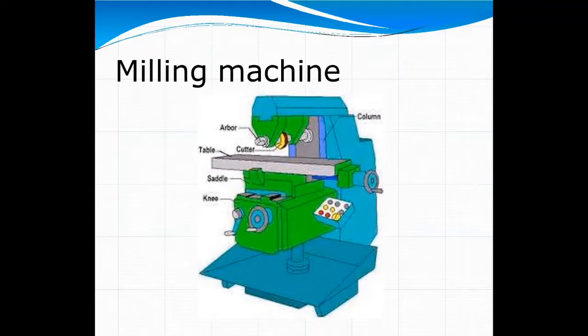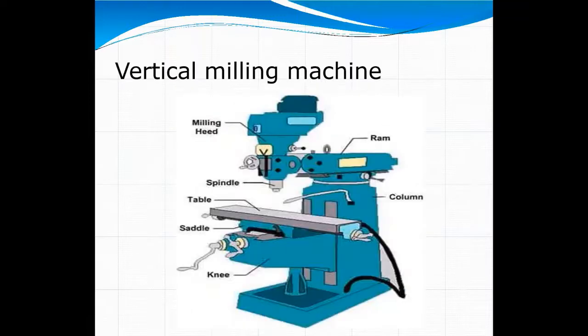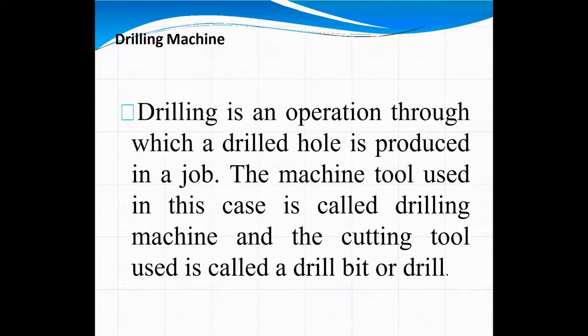So in the vertical milling machine, horizontal milling machine. Vertical milling machine. So the diagram, so milling operation, with the help of the milling machine we can do plain or slab milling, face milling, angular milling, form milling, straddle milling.